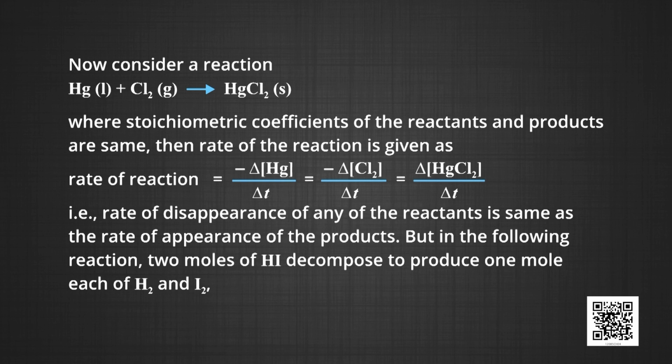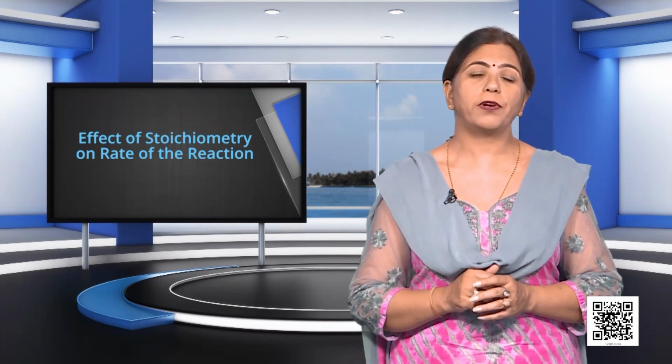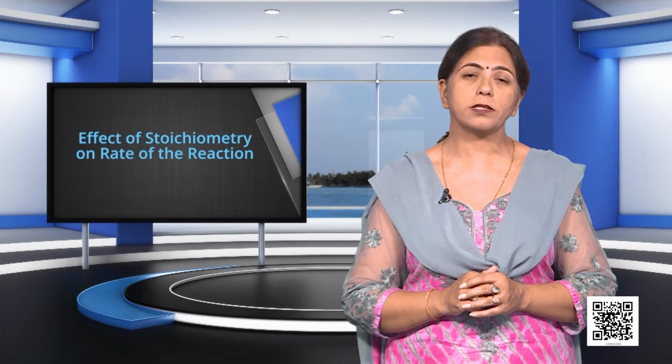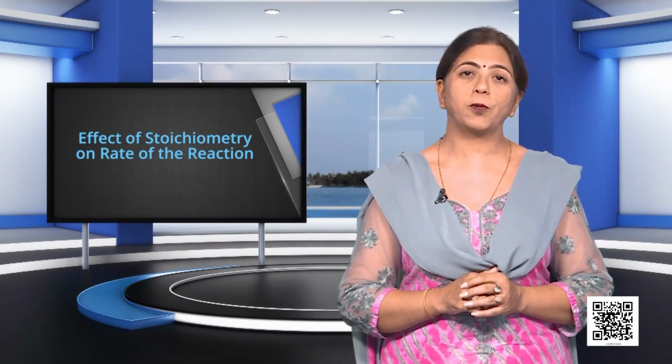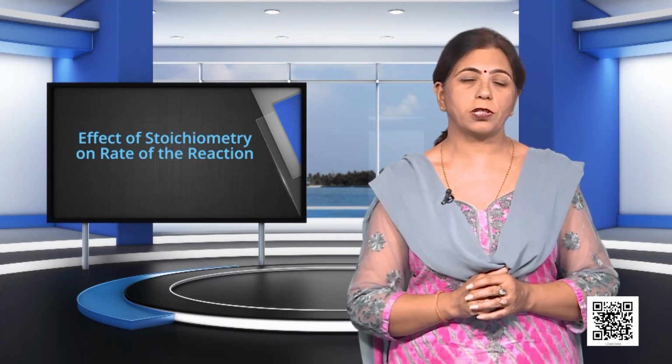That is, the rate of disappearance of any of the reactants is the same as the rate of appearance of the products. But in the following reaction, 2 moles of HI decompose to produce 1 mole each of hydrogen and iodine. The reaction is 2HI gives H2 plus I2. For expressing the rate of such a reaction, where stoichiometric coefficients of the reactants or the products are not equal to 1, the rate of disappearance of any of the reactants or the rate of appearance of the products is divided by their respective stoichiometric coefficients.